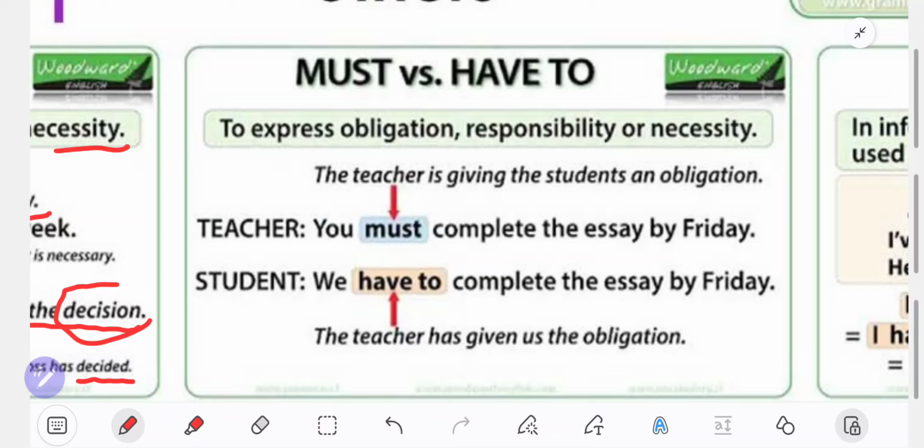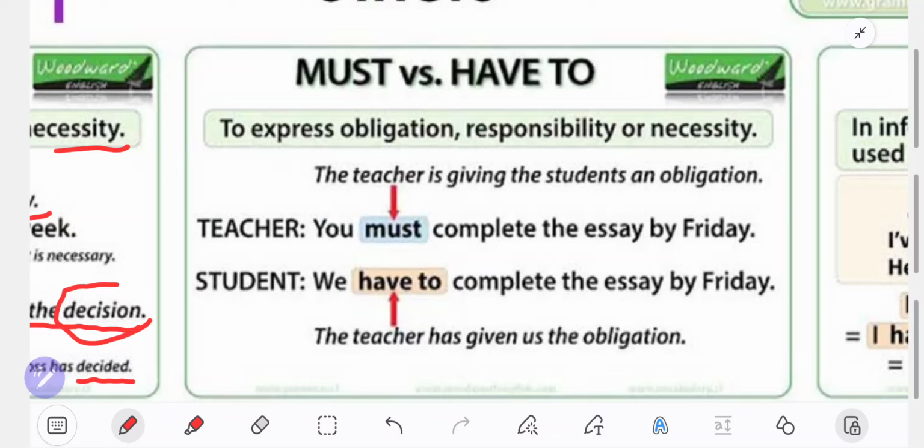For example, what your teacher said and what the student said. It is a different word when your teacher says it and when the student says it.